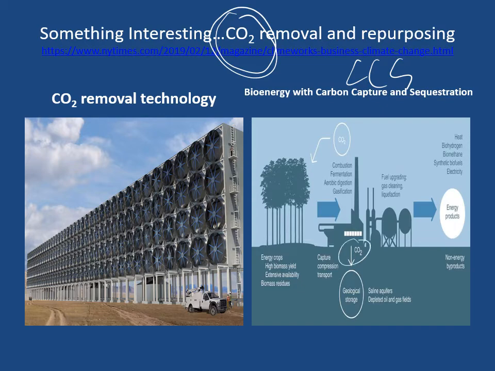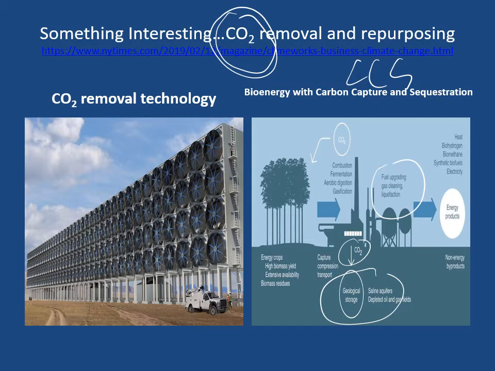One of the things you can do, and I'm a little skeptical of this one, is store it underground. Old coal mines in Pennsylvania have been discussed for doing this. The other thing you can do is liquefy it, and then use it as a feedstock to manufacture other products. This is being done on a small scale, but it's just something that is out there. So that's just show and tell for today.